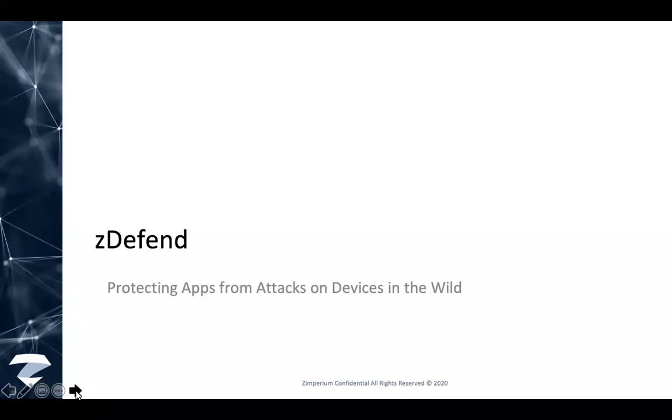ZDefend is an extension of our machine learning based engine that we use on Zips, which protects employee devices. But in this case, it's an SDK where we can actually drop the protection, machine learning based ability to detect device attacks, network, phishing, malicious apps in real time on device, but it's inside of the app itself. So the app can be self aware and potentially self defending.